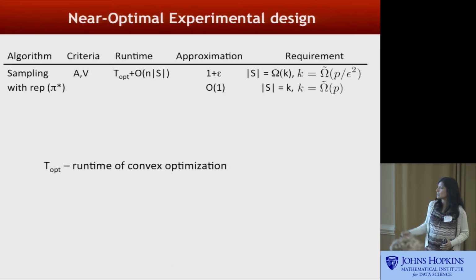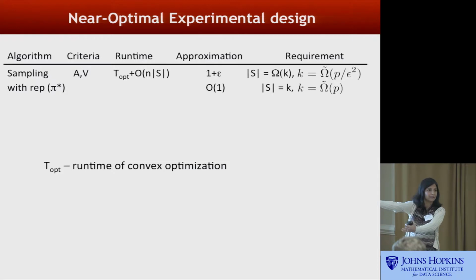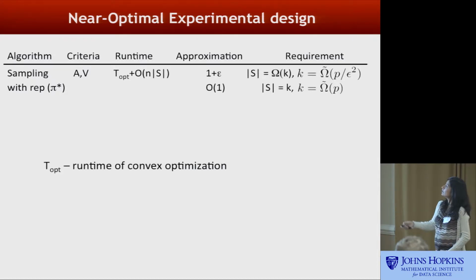So here's the first result. If I just sample with replacement the rows of my matrix according to pi star, and say this is the subset I'm going to do OLS on, collect the labels for it, and do OLS on it, then we can show that you get a 1 plus epsilon approximation, provided you are choosing order k rows, where k scales like p over epsilon square, p being my number of variables, and epsilon being the guarantee I want, right, 1 plus epsilon.